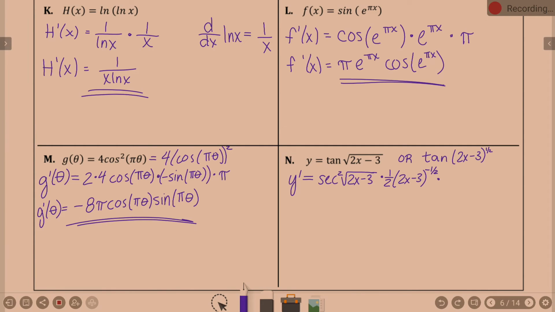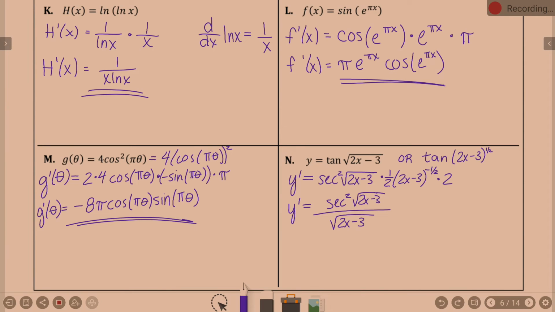Is there something within that square root we can do the derivative of? We can do the derivative of 2x minus 3 being 2. Your 2 and your 1/2 just cancel each other.